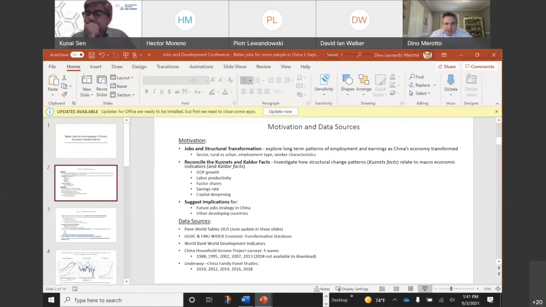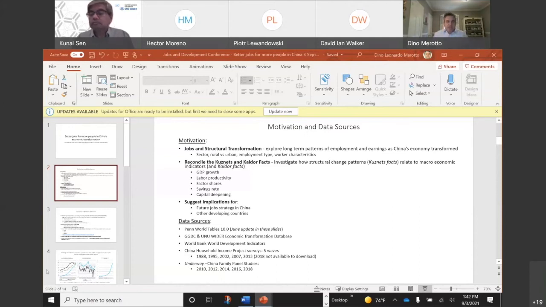But you'll see in the work that we're doing that we're really investigating this in more detail. We really want to see whether these Kaldor facts hold across countries over time, and what are the drivers of the observed Kuznets facts, the changing patterns in GDP shares and employment shares. But the paper itself was to suggest future jobs strategies for China.